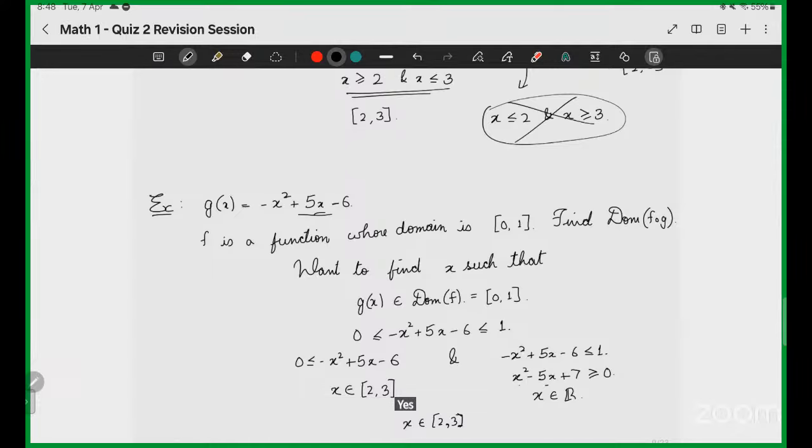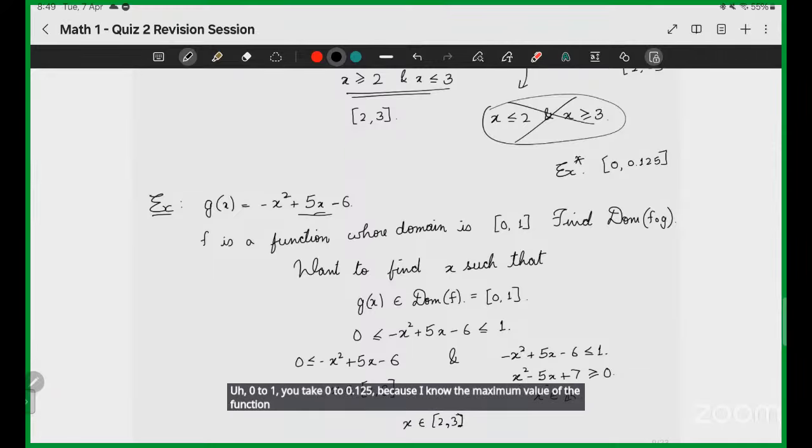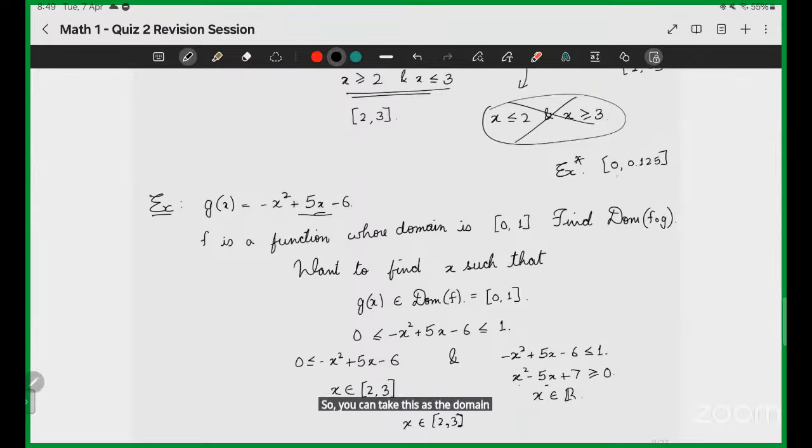Yes, 2.5 to 3. If you want, you can take this exercise, instead of 0 to 1, take 0 to 0.125, because I know the maximum value of the function is 0.25 and I don't want to go until then. So you can take this as the domain of f and solve this for yourself.